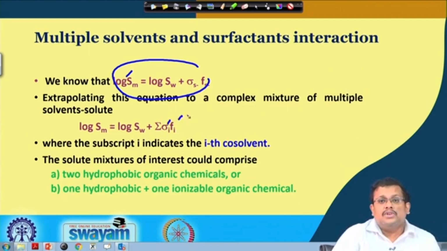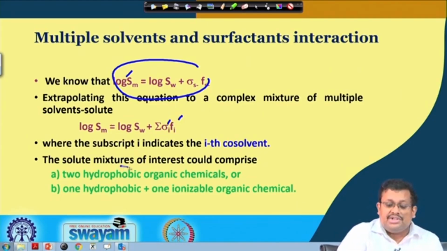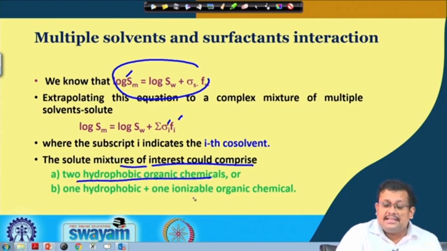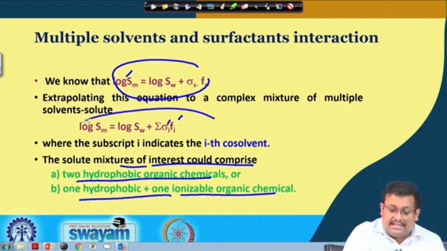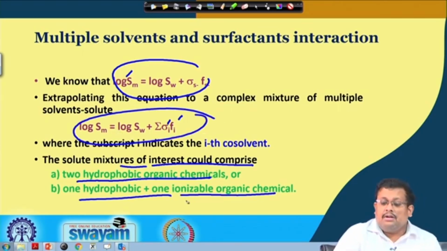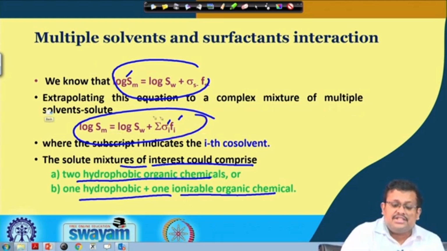Now, remember that the solute mixture of interest could be comprised of two hydrophobic organic chemicals in this case, or one hydrophobic plus one ionizable organic chemical. So, in this condition, we are considering a complex mixture of multiple solvents and solutes.